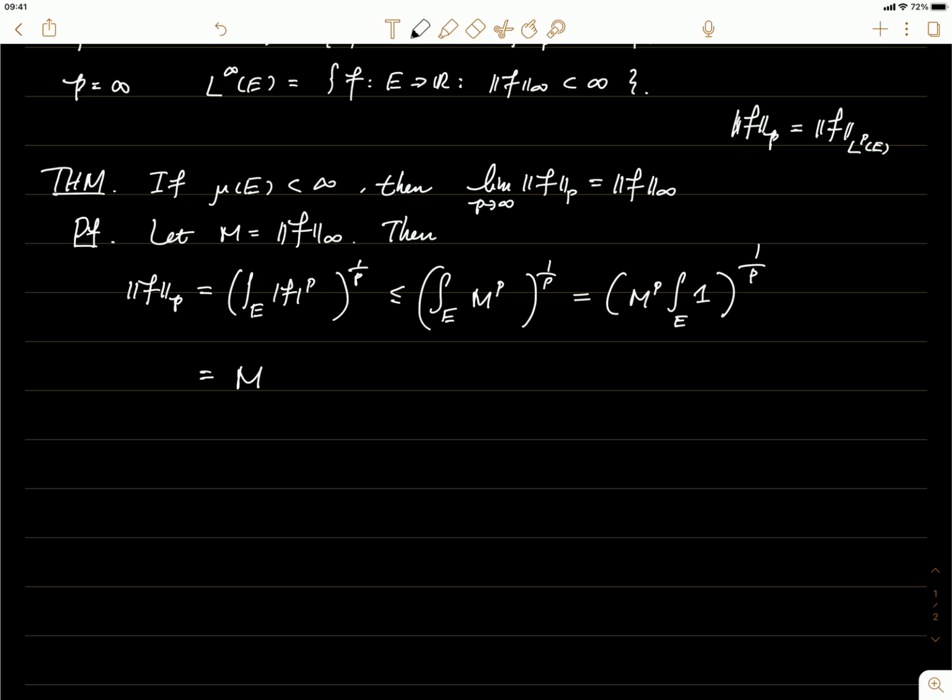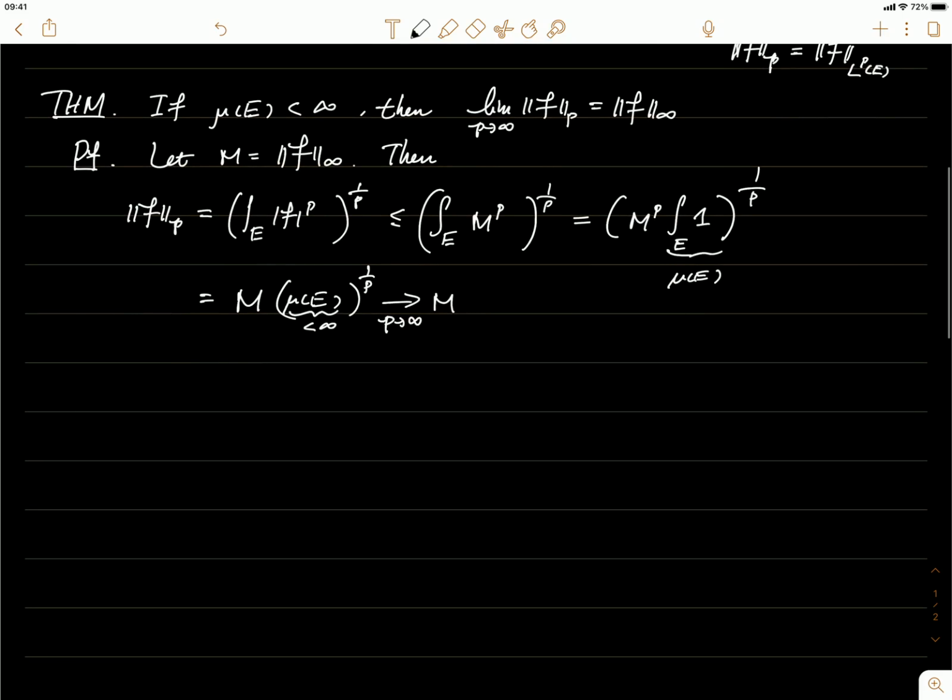The p and the 1/p cancel, and this part is just the measure of E, so it's the measure of E to the power 1/p. Since this measure is finite, this value is a finite number. So as p goes to infinity, this thing goes to 1. So this goes to m as p goes to positive infinity.